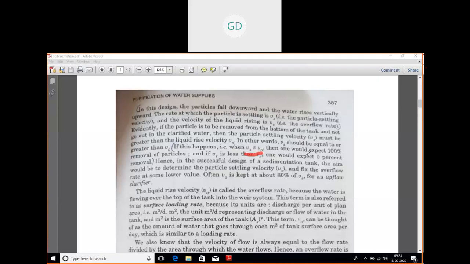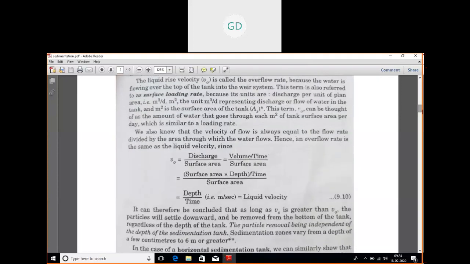Okay, so next you write down these points. Overflow rate formula: V naught is equal to discharge by surface area. Discharge is equal to volume by time. Volume is equal to surface area into depth. So finally we get the formula as depth by time.